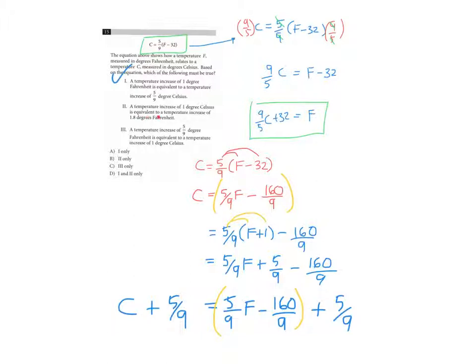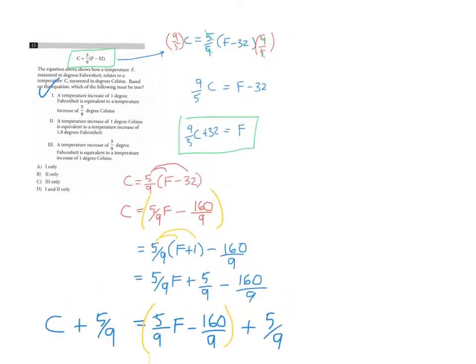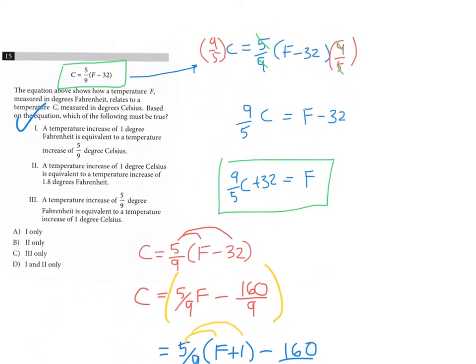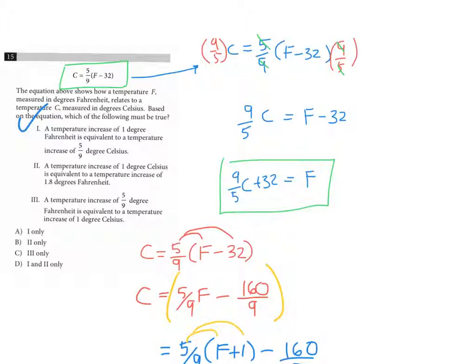Roman numeral 2, a temperature increase of 1 degree Celsius is equivalent to a temperature increase of 1.8 degrees Fahrenheit. Well, I am now going to use this other equation right here to analyze that situation. So basically, let's see what happens when we have a 1 degree increase of C. So that would be C plus 1 plus 32.